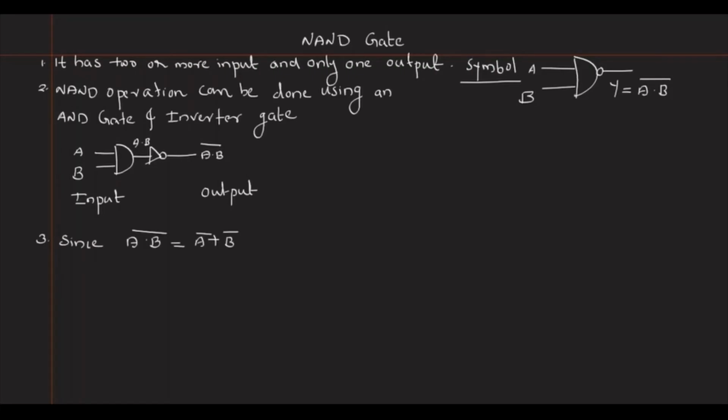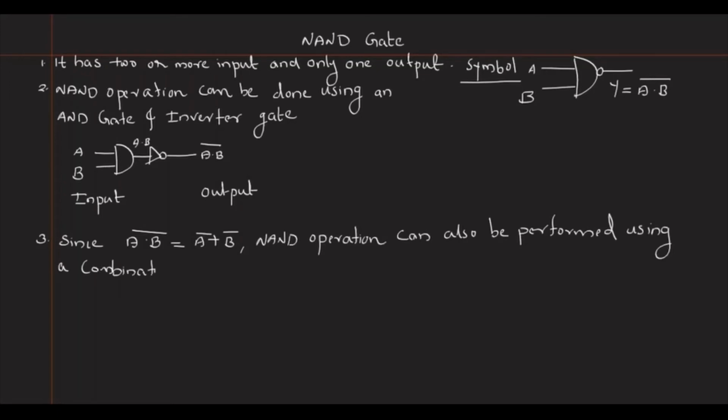Since we know that A dot B whole complement equals A complement plus B complement, the NAND operation can also be performed using a combination of 2 inverters and 1 OR gate. This is shown below.